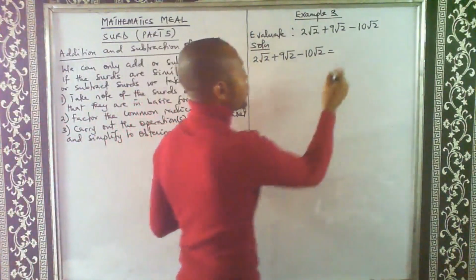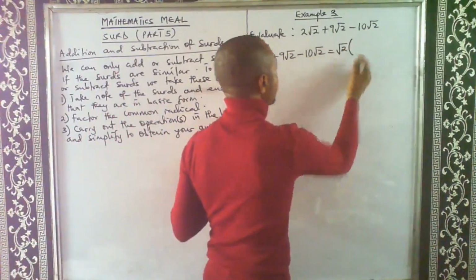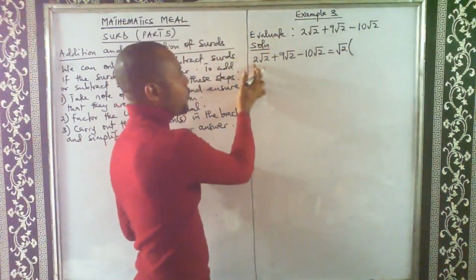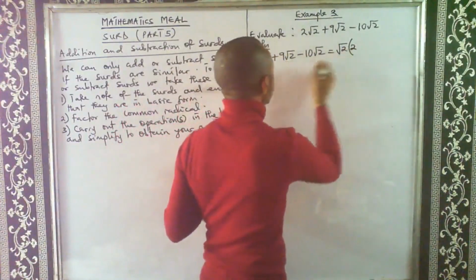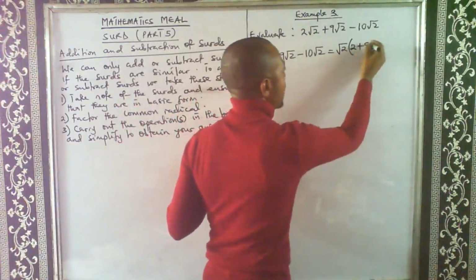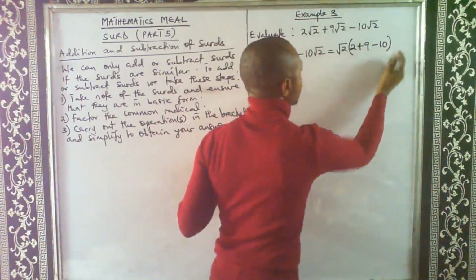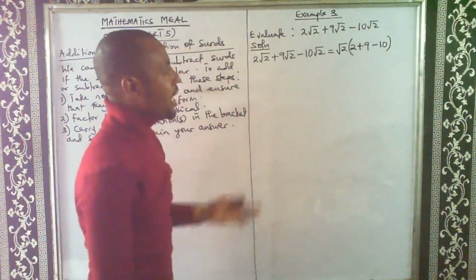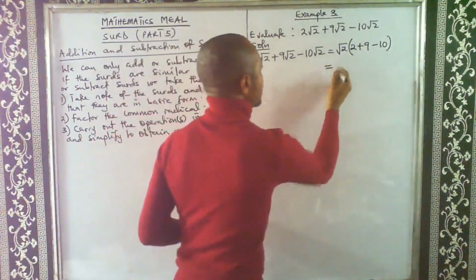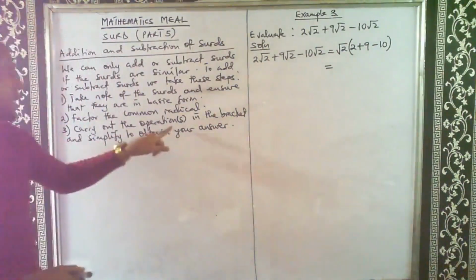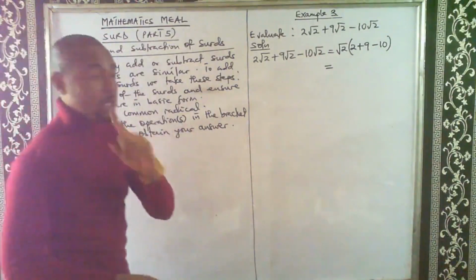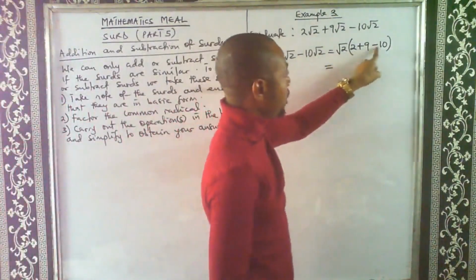So if we factor it out, here we will be left with 2, here we have 9, and here we have 10 remaining. So we carry out the operations in the bracket. In this case, it's operations because we have addition and subtraction.